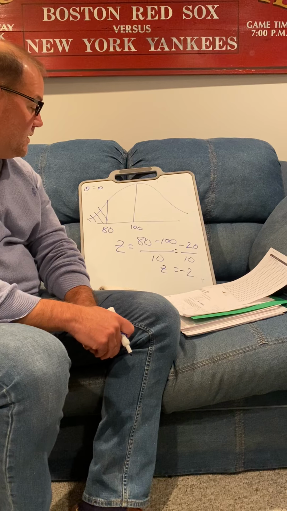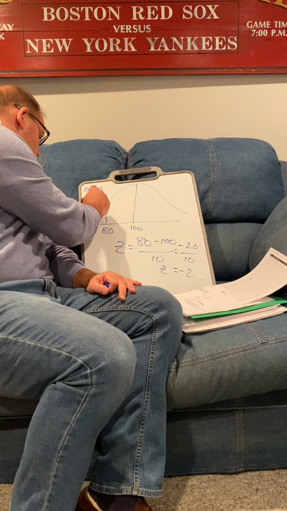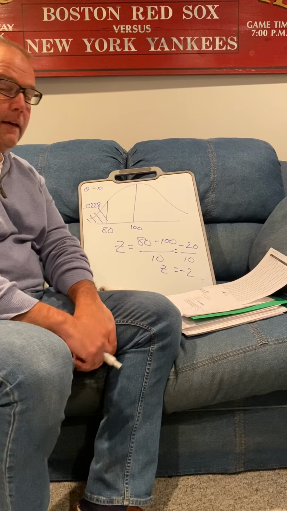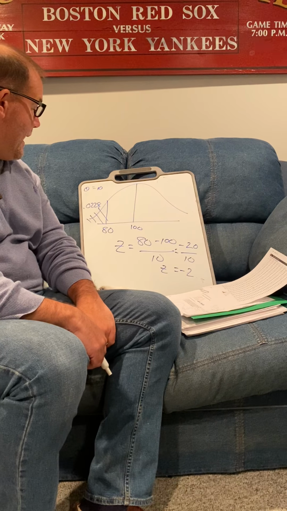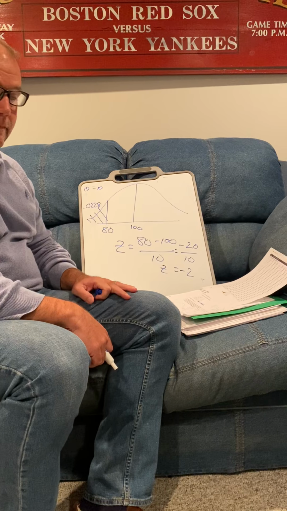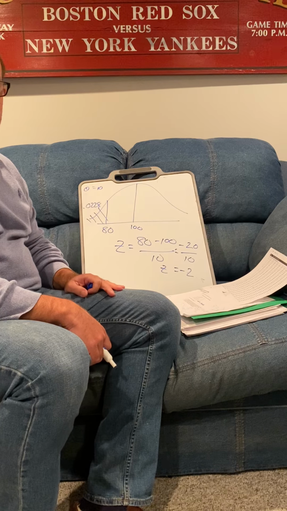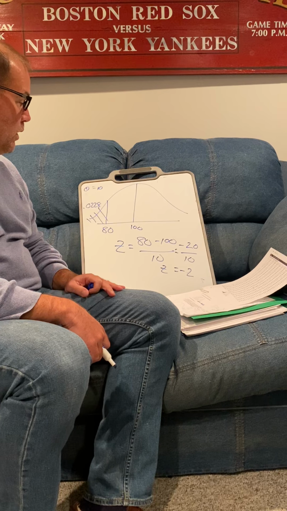If you look up a z-score of negative 2 on your table, there's a 2.28% chance that you would score below 80. When I'm looking up the area to the left, that's all I have to find. I don't have to do any 1 minus.